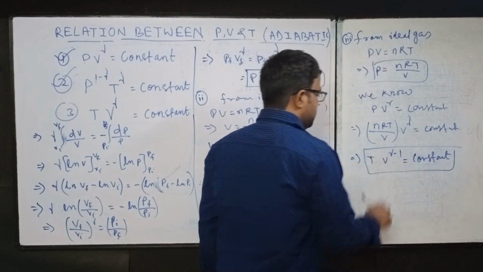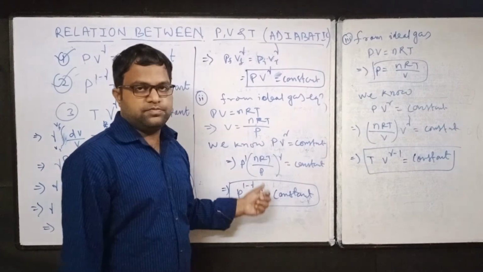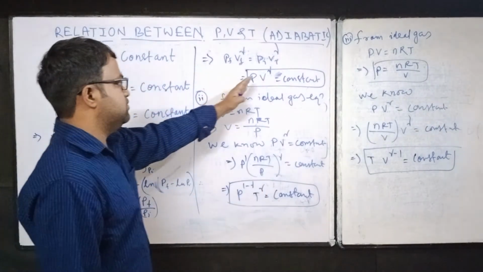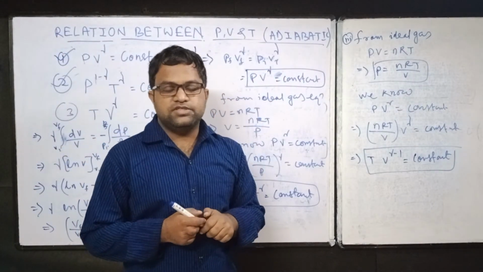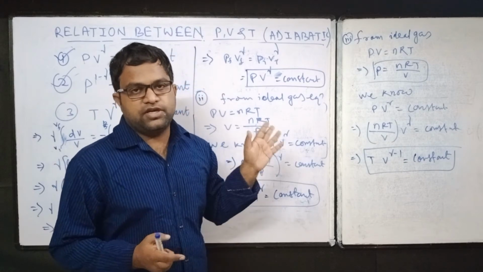So this is T V to the power gamma minus 1, this is P to the power 1 minus gamma T to the power gamma equal to constant, and PV to the power gamma equal to constant. So these are the three relationships between pressure, volume and temperature in an adiabatic process.